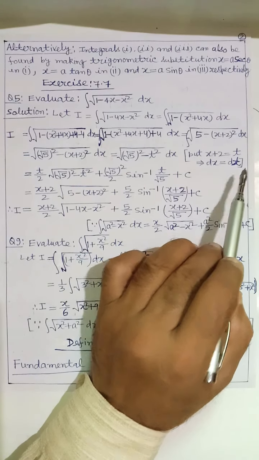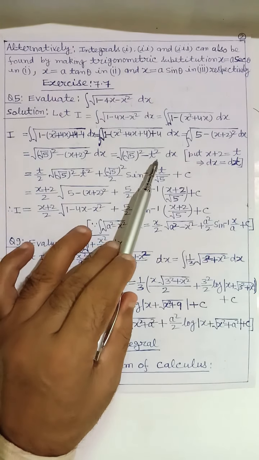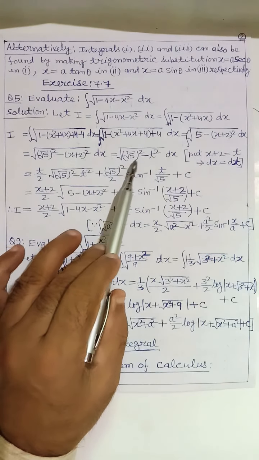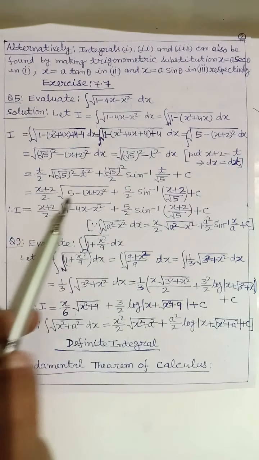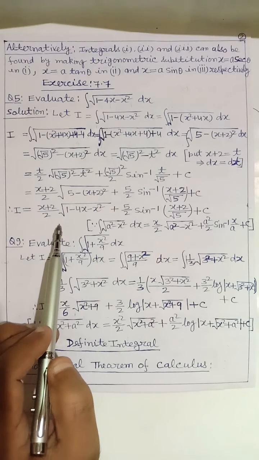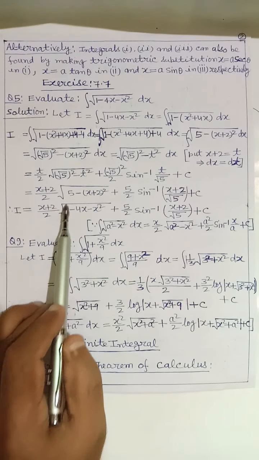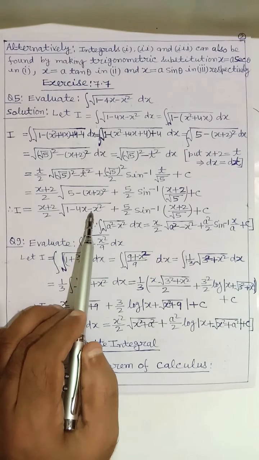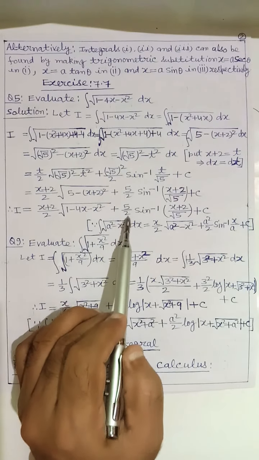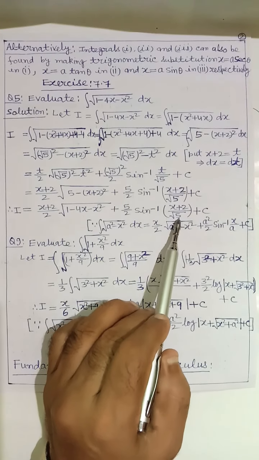So we can write here integral of square root of root 5 square minus t square dt, and we solve here, and finally we get x plus 2 by 2 square root of 1 minus 4x minus x square plus 5 by 2 sin inverse x plus 2 by root 5 plus c.